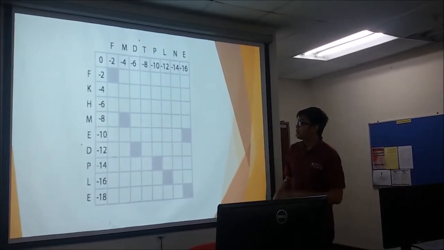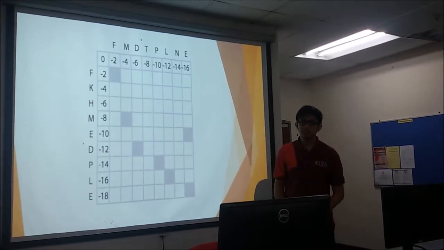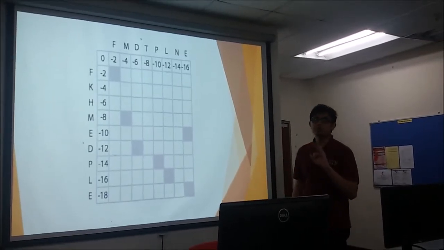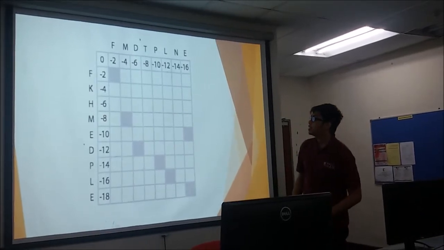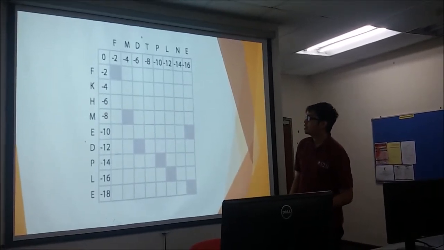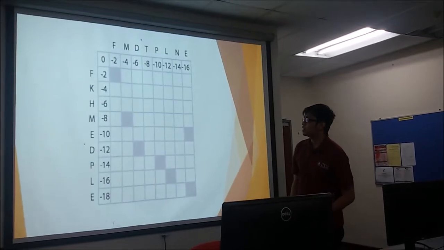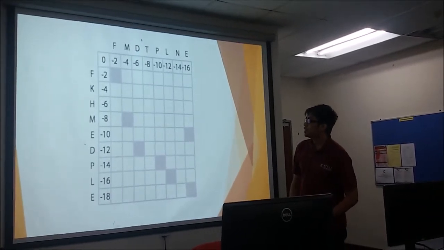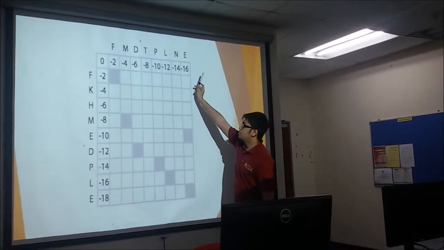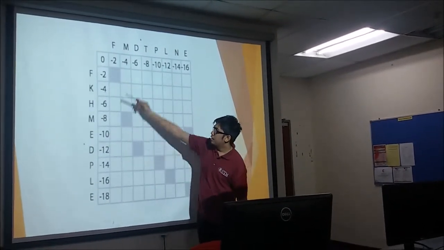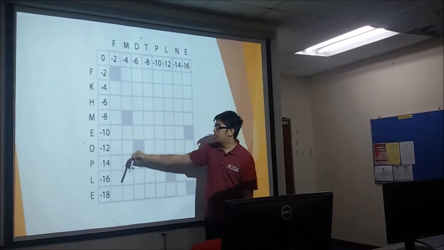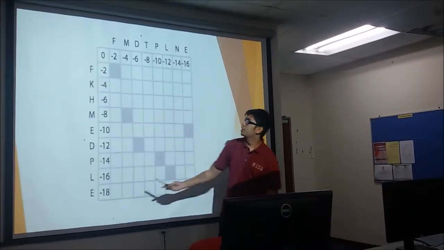To score we must have these 3 things: match, mismatch and gap. From here we can see that the gap of this matrix is -2, and that is why the border over here, the horizontal and the vertical, goes -2 until -18.